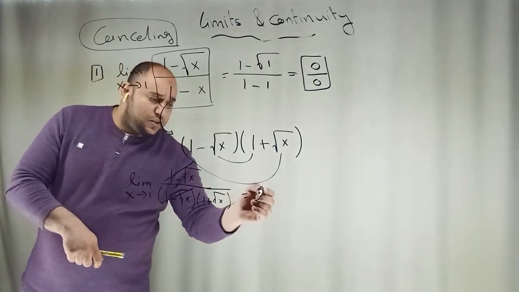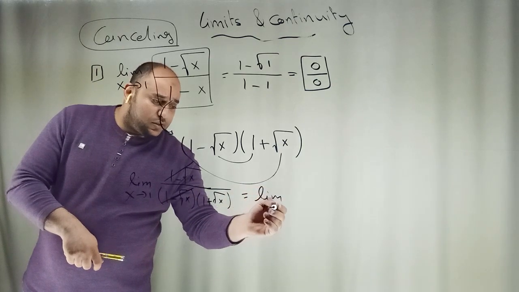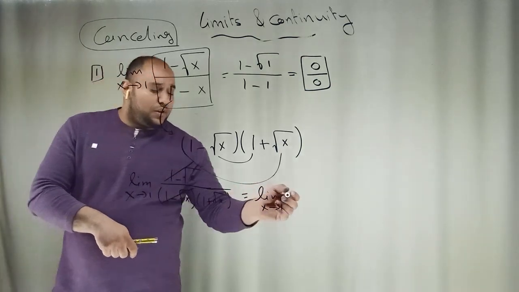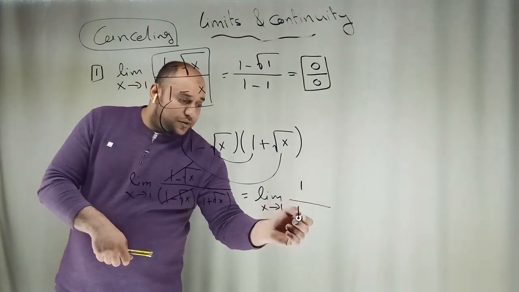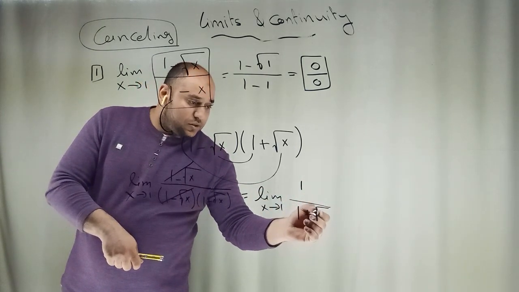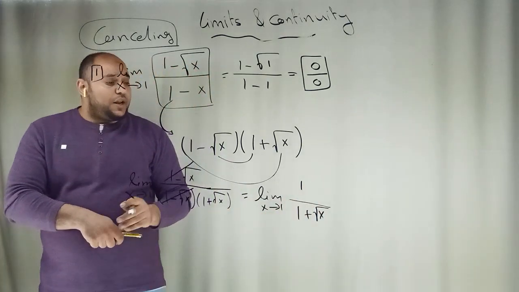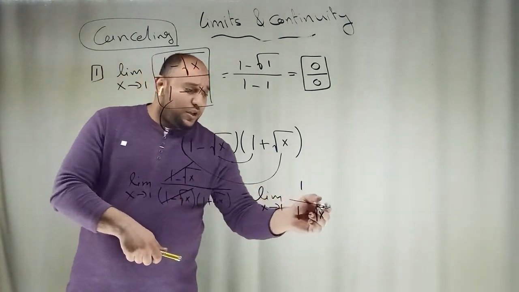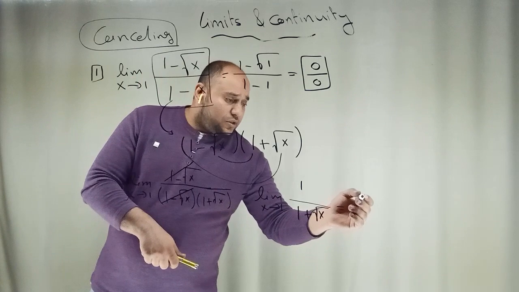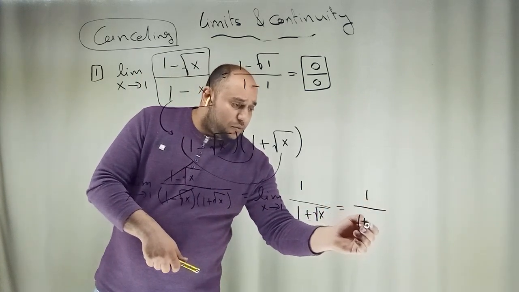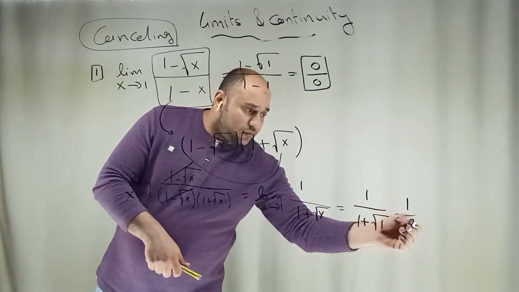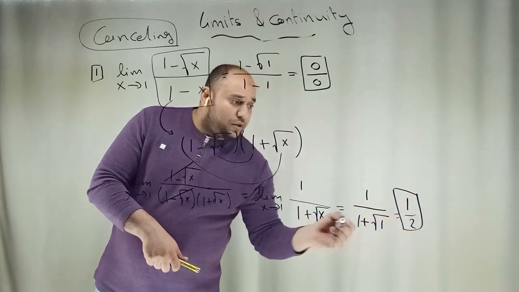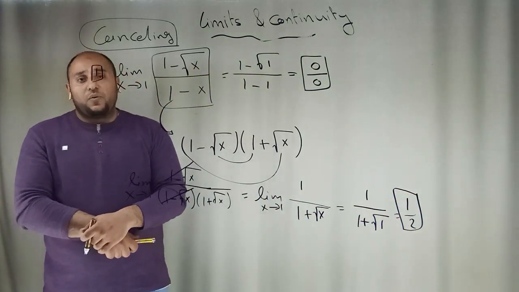I have to find the limit as x approaches 1 of 1 over 1 plus square root of x. Now we can take direct substitution. This will be 1 over 1 plus square root of 1. This will be one half. This limit will be equal to one half.